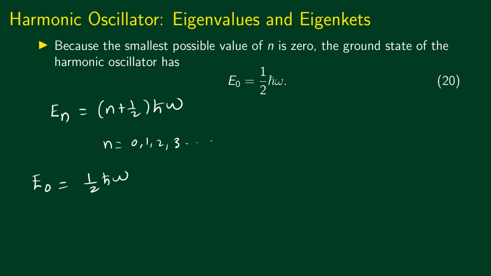In other words, half h bar omega is the ground state energy for the harmonic oscillator, which also means that for a harmonic oscillator, there is no state corresponding to energy equal to 0. Half h bar omega is the lowest possible energy for a harmonic oscillator.